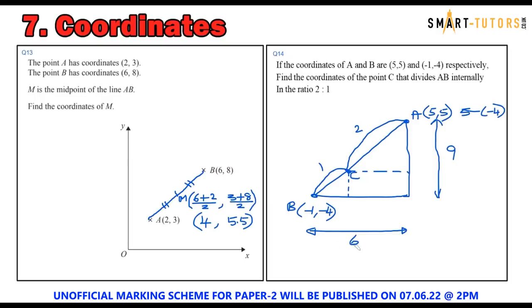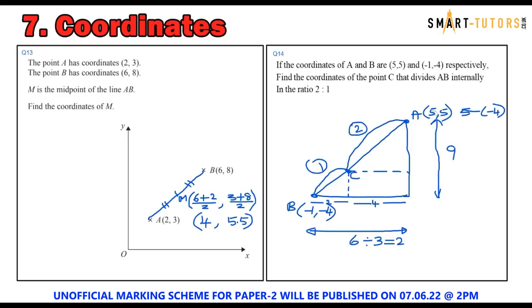Now what we want to do is divide 6 into 3 parts. Why 3 parts? 2 plus 1 is 3 parts. 6 divided by 3 is 2. So 2 times 2, this is going to be 4 parts and this is going to be 2 parts.